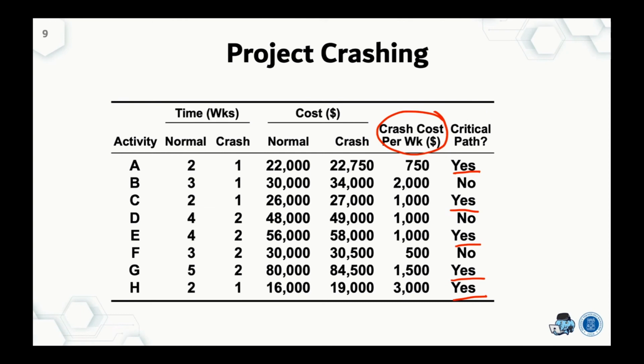So we should crash only the activities on the critical path. This results in the candidates A, C, E, G, and H. These are the candidates for crashing, because crashing a non-critical path activity is useless. Looking at the crash cost per week, we find the minimum, which is activity A. So the priority is to crash activity A first.